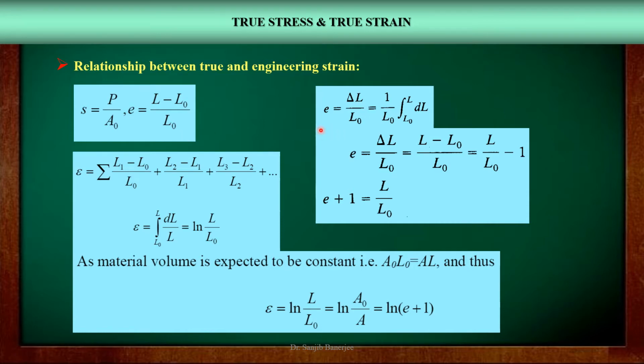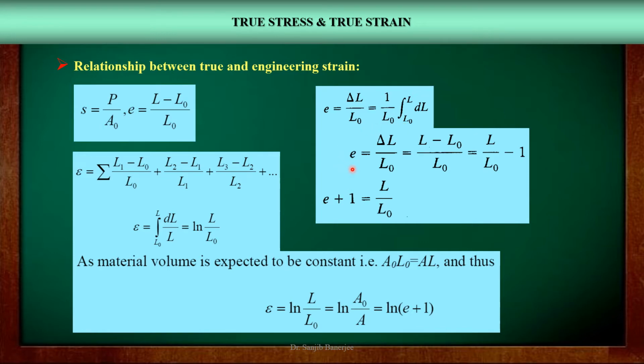So the engineering strain E can be represented as delta L by L0, which is the change in length by the original length, and which can be represented by the integration value from L0 to L, while L0 being a constant value remains outside the integration.